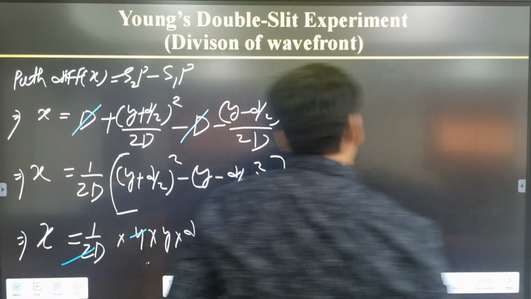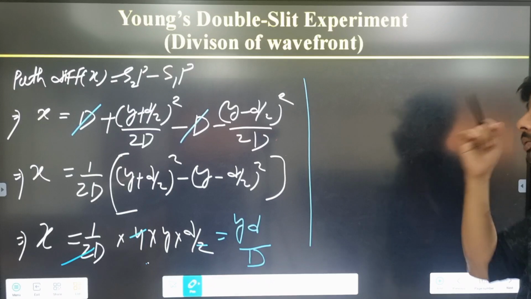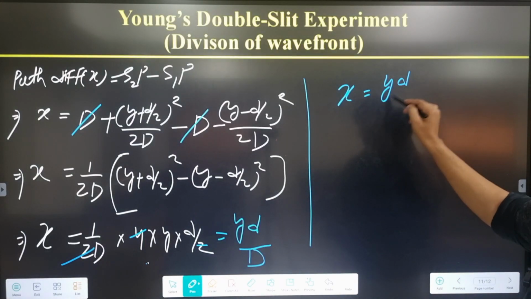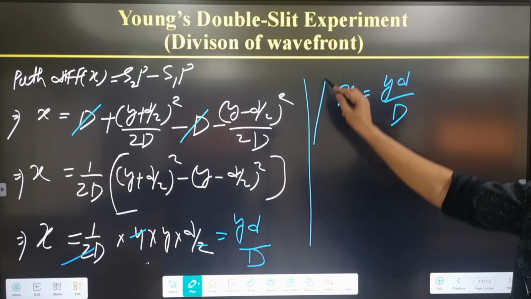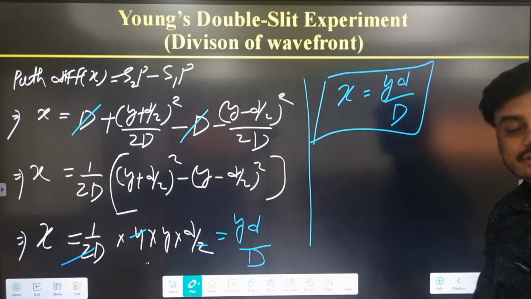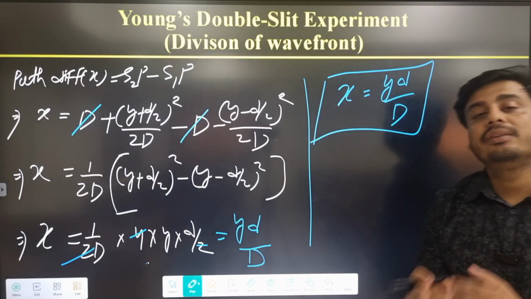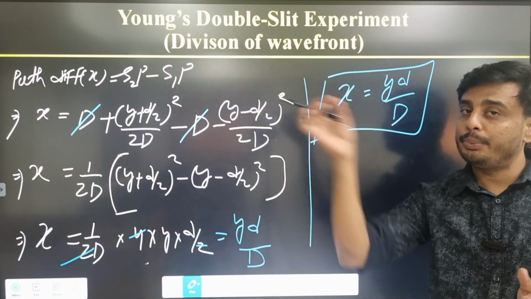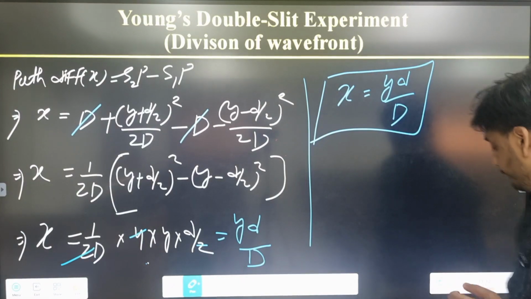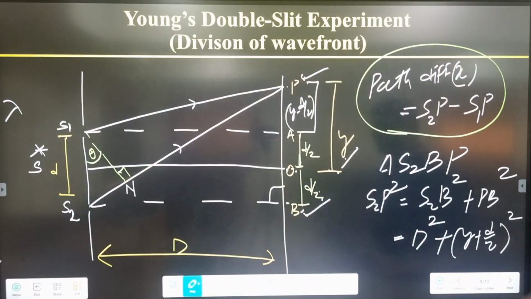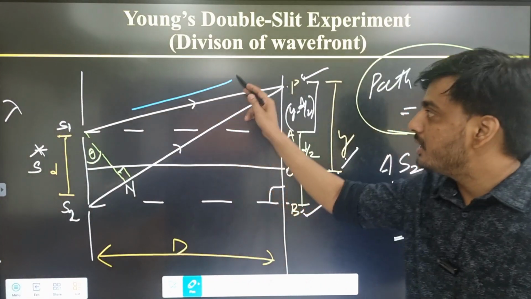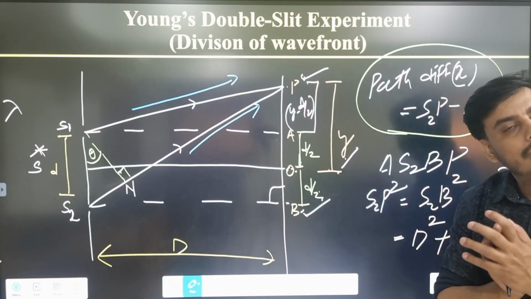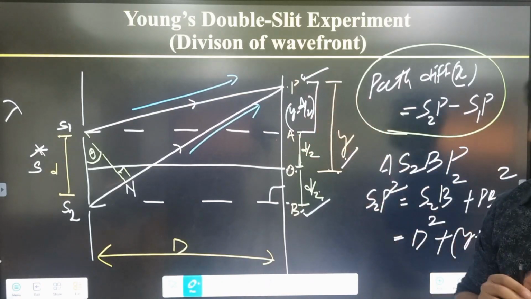So we get the path difference x equal to y small d by capital D. This is the expression for path difference between the ray of light traveling from S1 to P and S2 to P. From the figure you can see light travels from S1 to P, light travels from S2 to P. So the x we have calculated is nothing but the path difference between them.